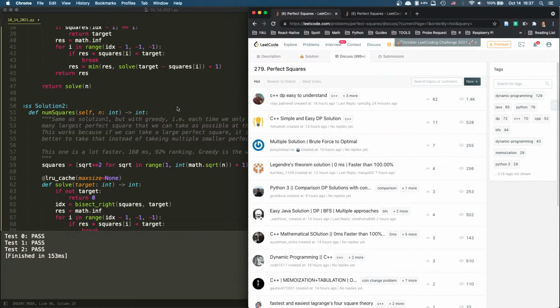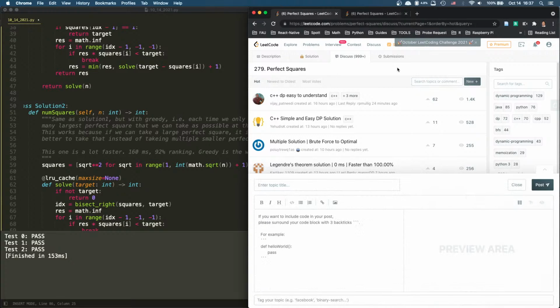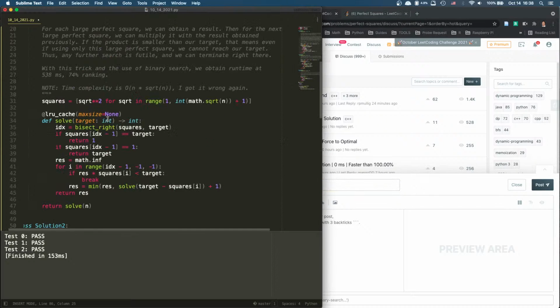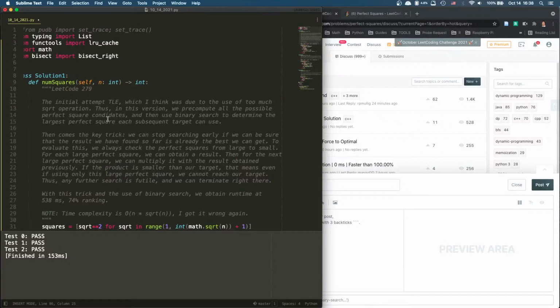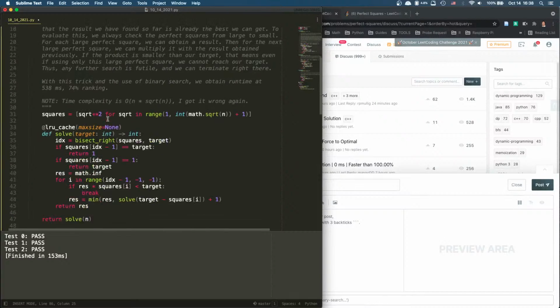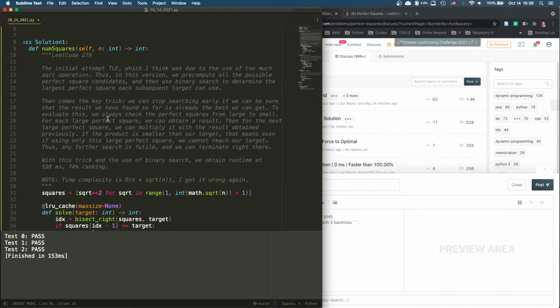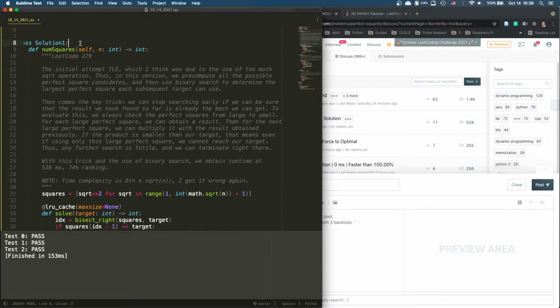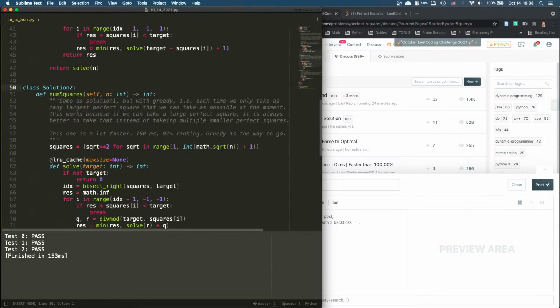Top down, DP with greedy, right? How about that? So let's say 3, top down, DP, greedy, and I'm gonna combine both. I want to combine both. How do we do this?